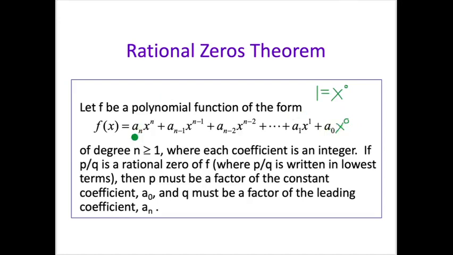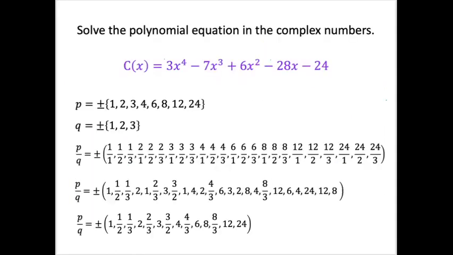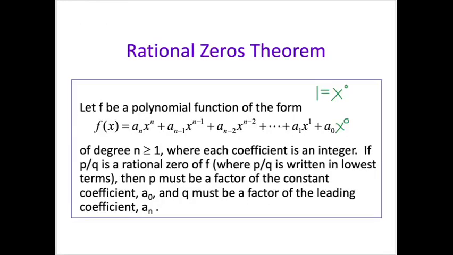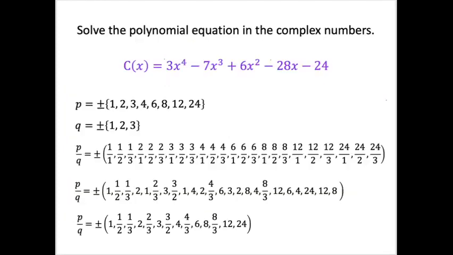So on the next slide, I have those written out already. So for this polynomial c of x, our a sub n is 3. Remember that q is a factor of a sub n. So right here, q is equal to plus minus all the factors of 3, which are just 1, 2, and 3.